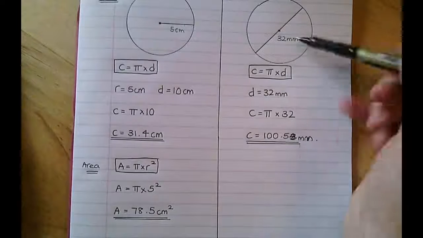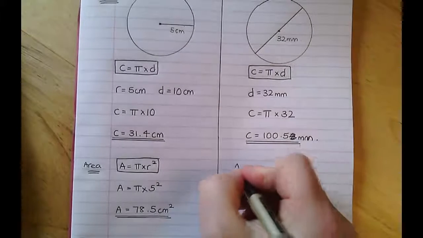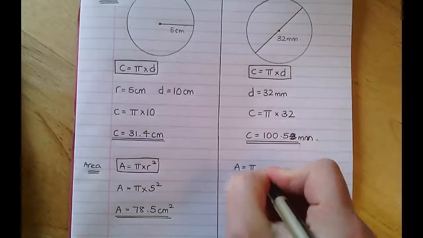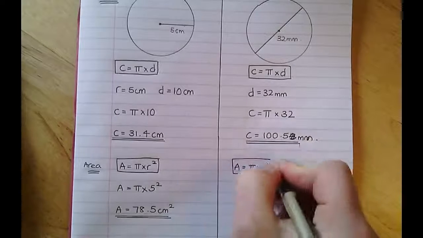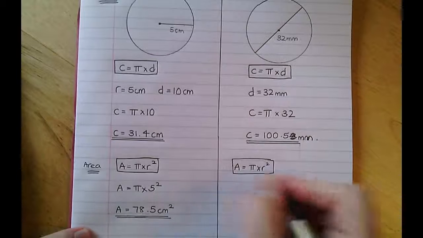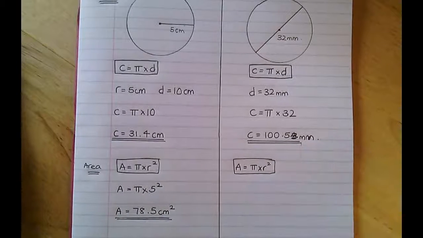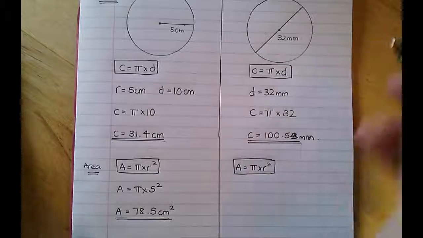And then finally, again, we're told the diameter is 32 millimeters. So if we're working out the area, state your formula, pi times the radius squared. Now, be really careful here, because in our formula, we need the radius, but we're actually told the diameter.